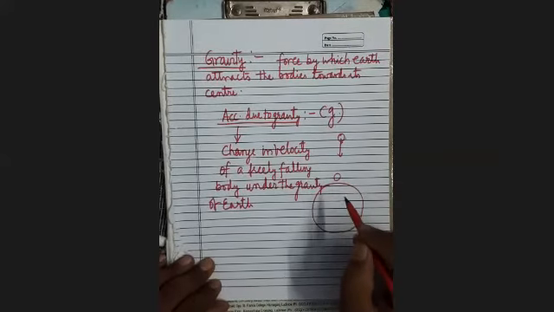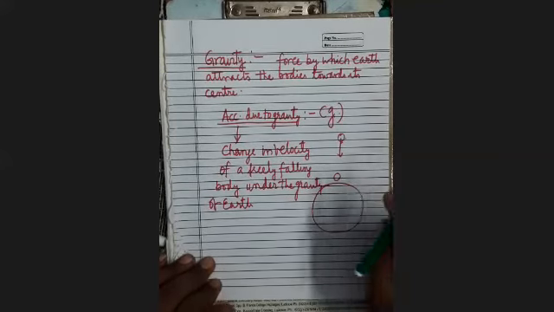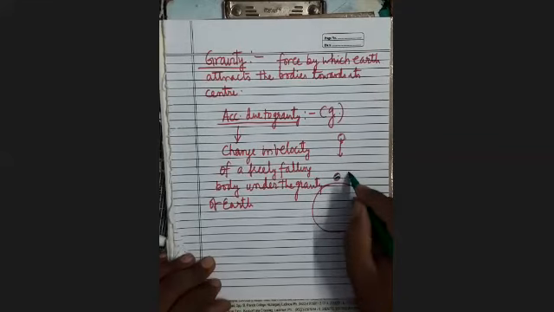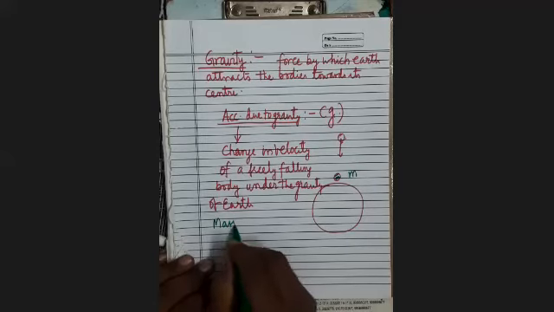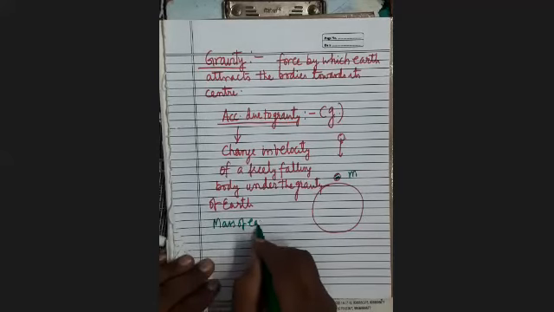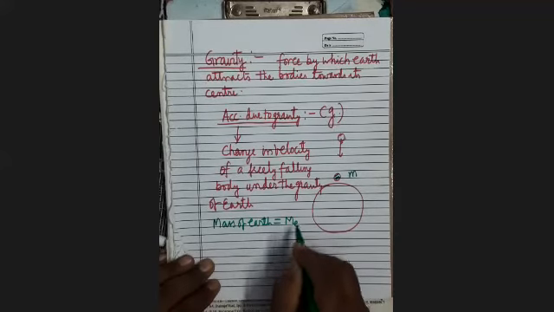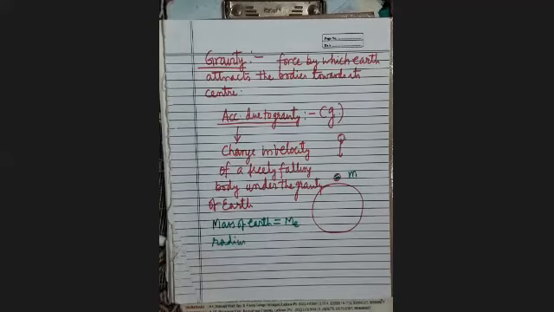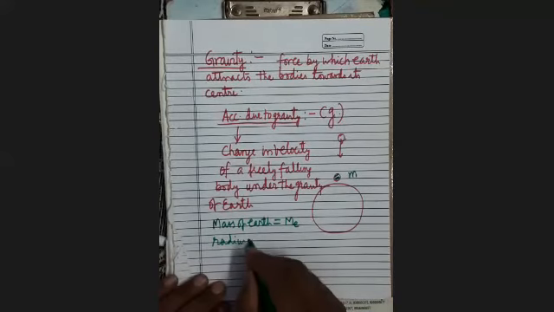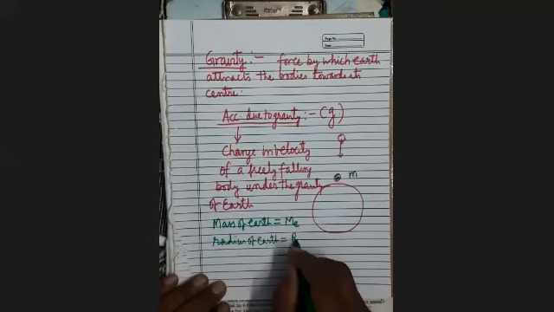So first of all, we are going to deduce an expression for the acceleration due to gravity on the earth's surface. What is the acceleration due to gravity on the earth's surface? See here, we have assumed that there is a body of mass small m. One more thing, in this chapter, the mass of the earth we will represent by the symbol me, and the radius of the earth we will represent by the symbol re.